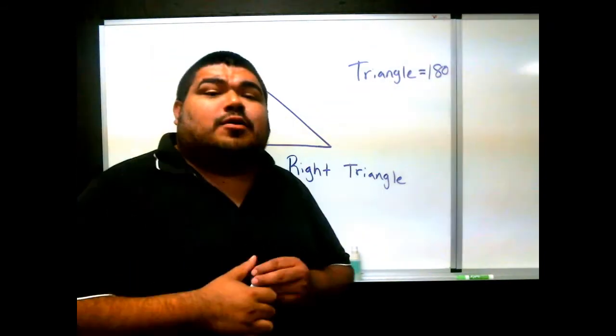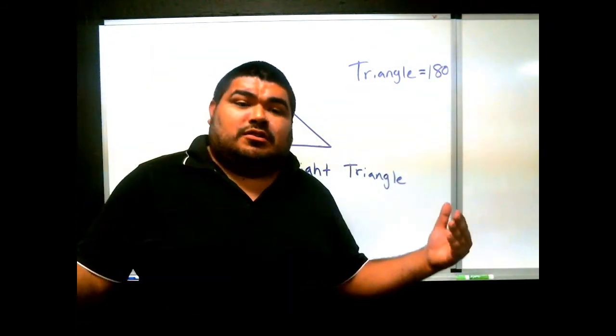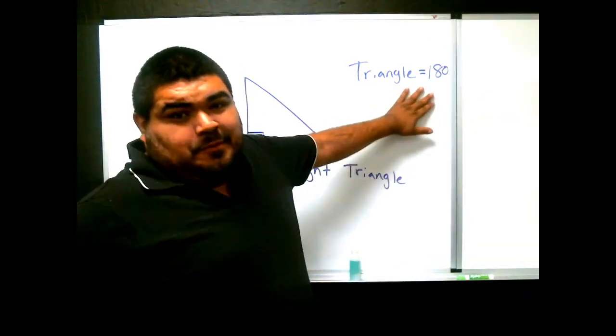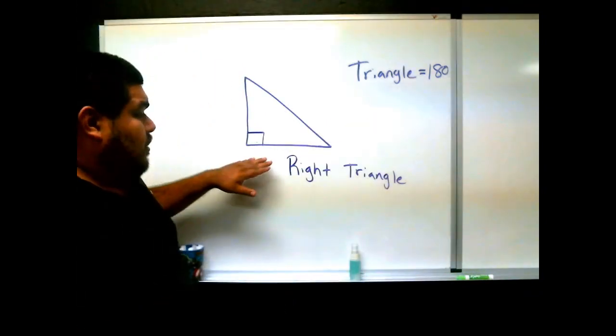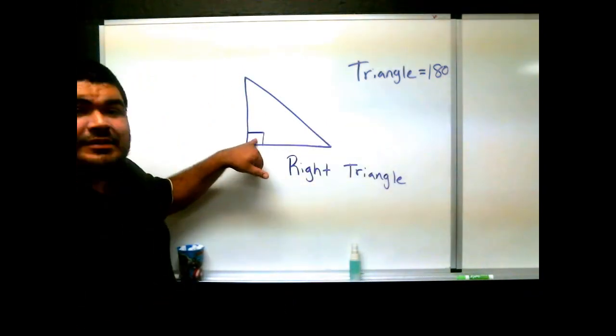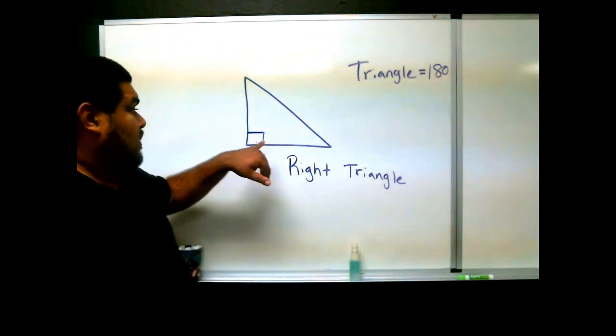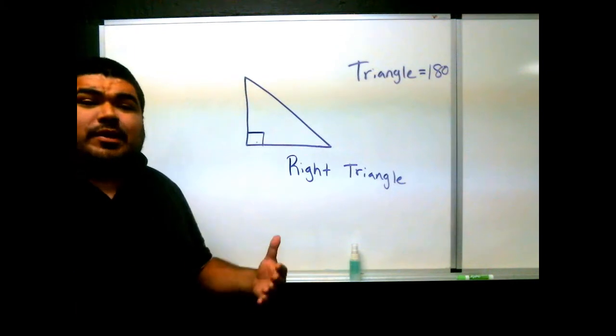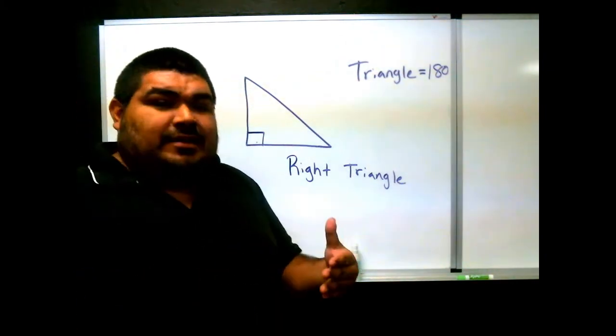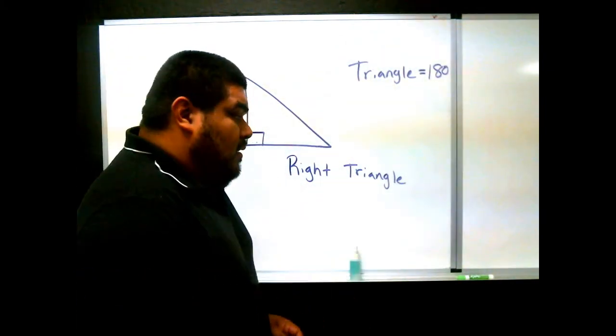So if you didn't know that a triangle equals 180, now you know. Remember, a right triangle always has one angle that is 90. You might see it again as a little square. You might see it as the number 90 in there, okay?